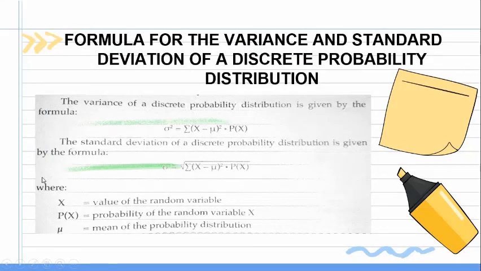Okay, let's try answering question number 2. The variance of a discrete probability distribution is given by the formula sigma squared is equal to the summation of the square of random variable x minus mu, or the mean, times the probability of a random variable x, while the standard deviation is basically the square root of your variance, where x is the value of a random variable, P of x is the probability of a random variable, and mu is the mean of the probability distribution.